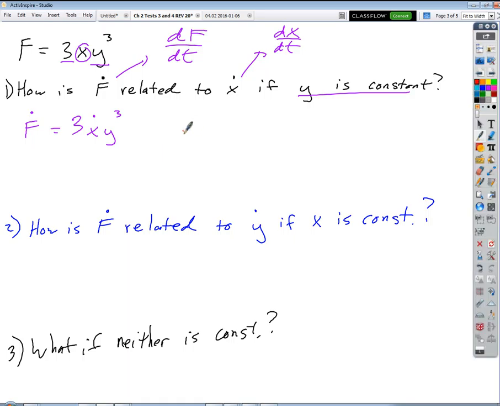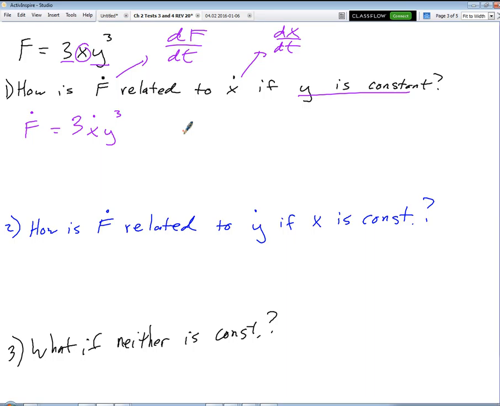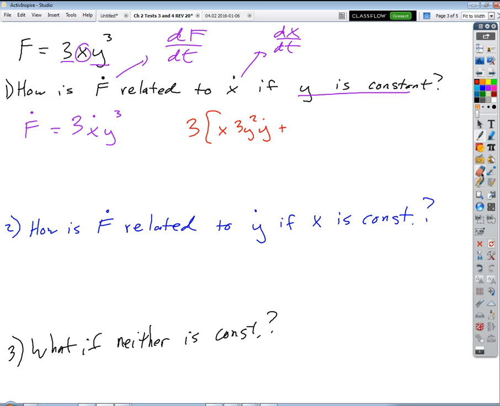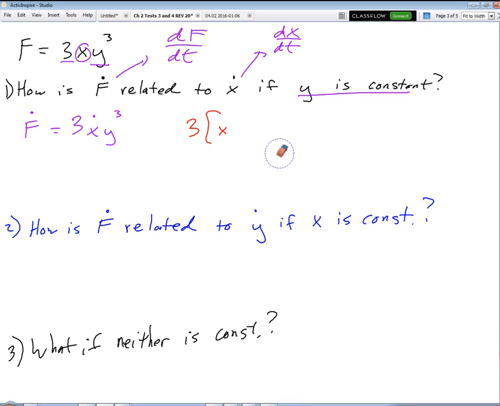But if I were to accidentally treat both as variables, I would have gotten 3 times x times 3y squared y dot. Actually, let's not even do that. I can make this a little easier. If y is a constant, what's the derivative of y cubed? 0, because the derivative of a constant is always 0, right?